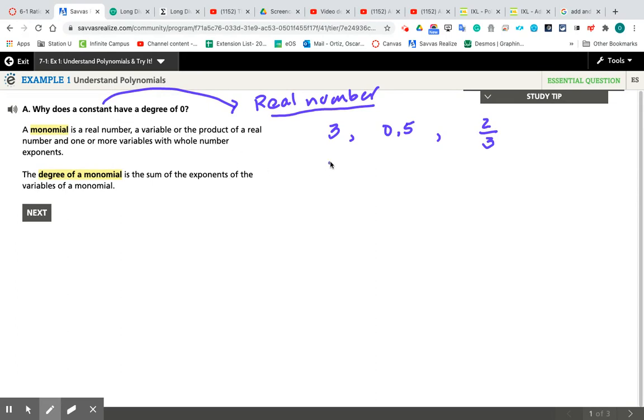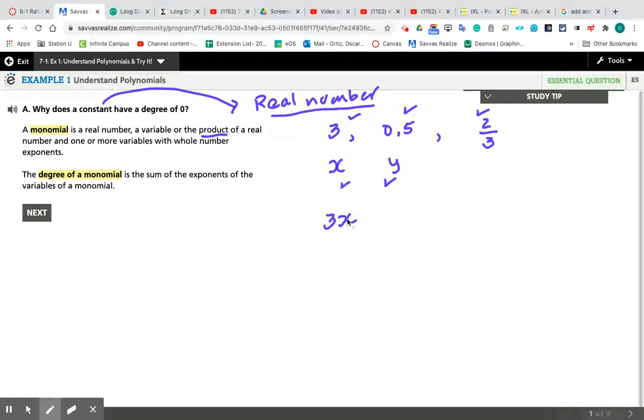So we can choose x, or we can choose y, or it could also be the multiplication of a real number and one or more variables. So each one of these is an example of what is called a monomial, but also we could have multiplication of those. For example, 3x will be also a monomial.